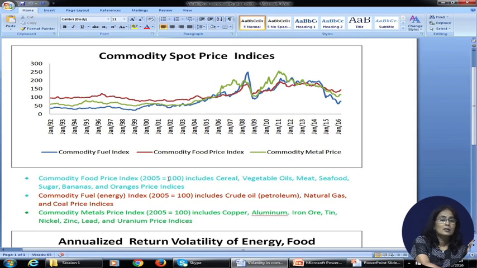Analyzing this figure, it is very clearly visible that commodity prices remained almost stable from 1992 till probably January 2004-05, but subsequently you can see a great deal of volatility in all these three indices.